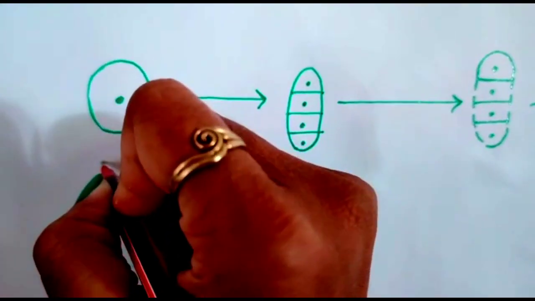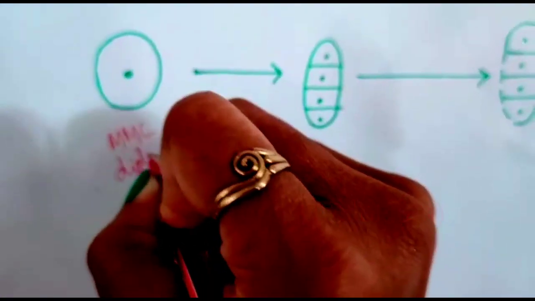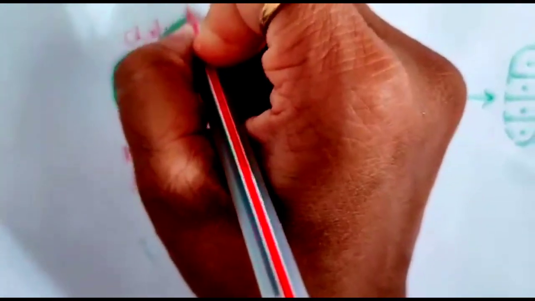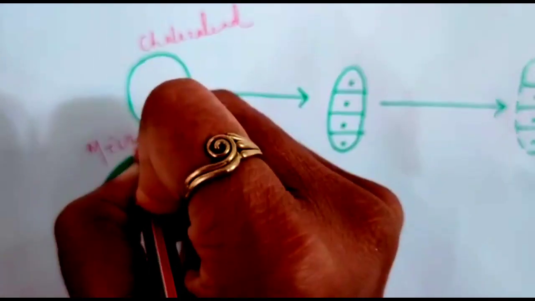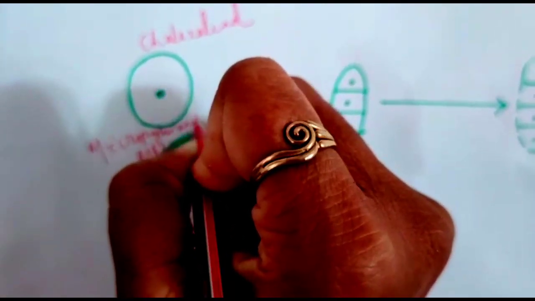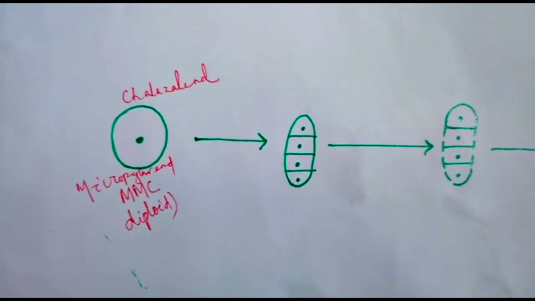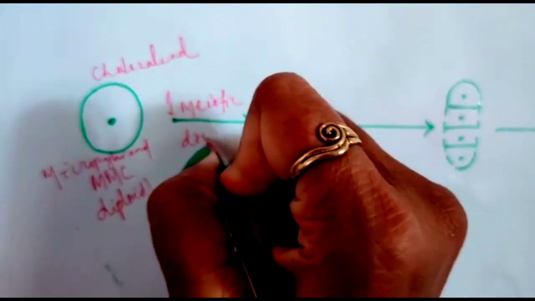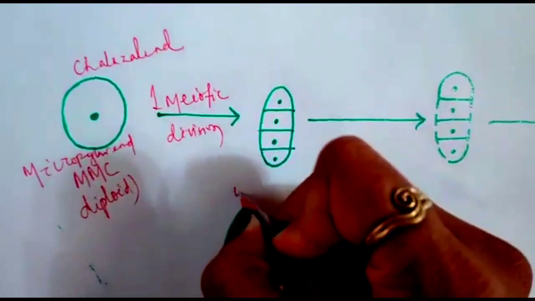So this is the megaspore mother cell and it is diploid. This is the chalazal end and this is the micropylar end. Now this megaspore mother cell undergoes one meiotic division to produce 4 haploid megaspores.